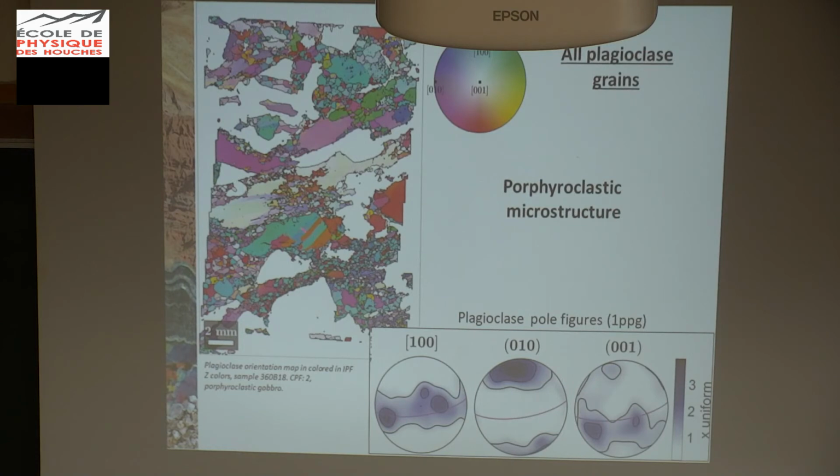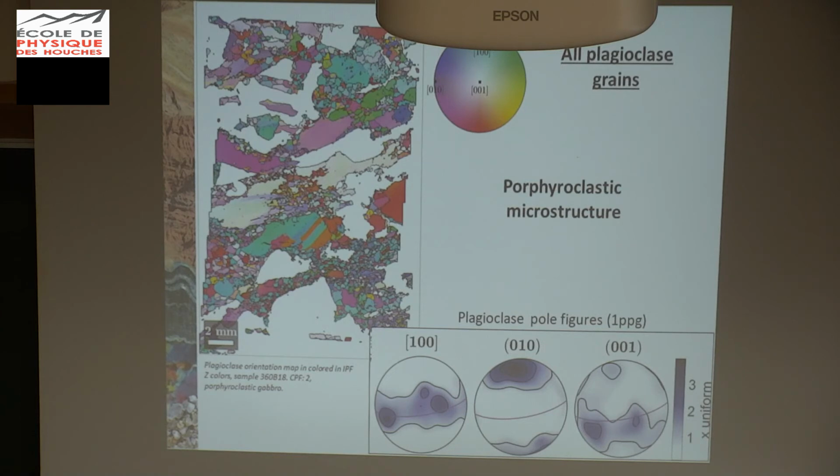If you look between porphyroclasts and recrystallized grains, the range of color is quite reduced. And if we look at the CPO pattern, we see that the 010 plane still marks the CPO, the foliation plane, sorry, and that we have a girdle of orientation in this plane of the 100 axis.